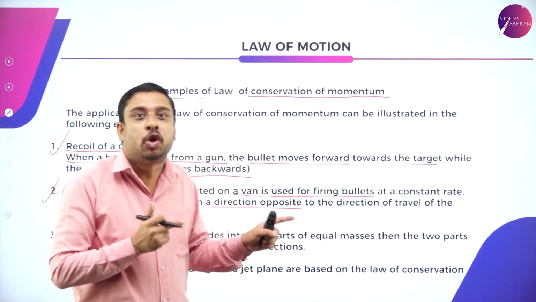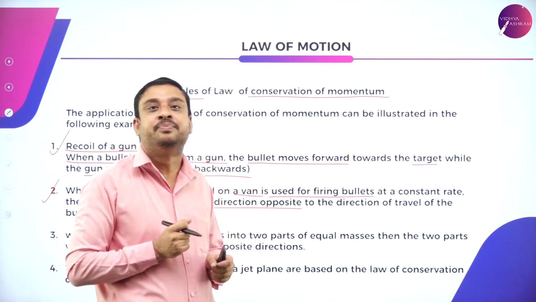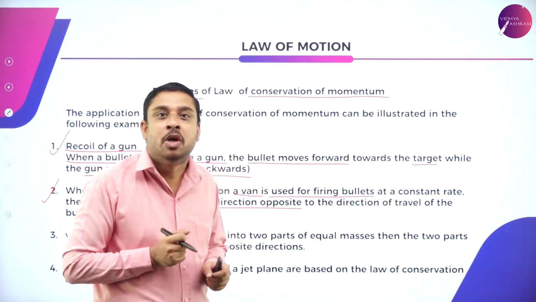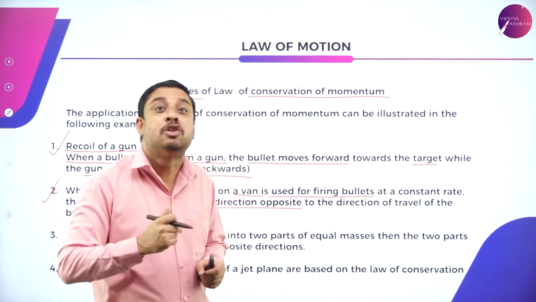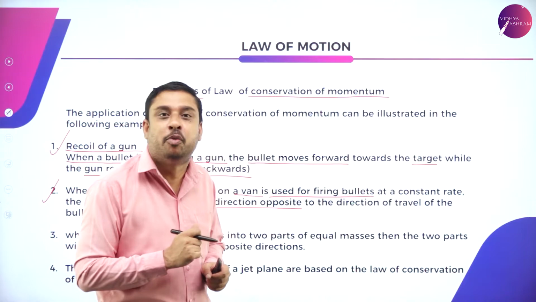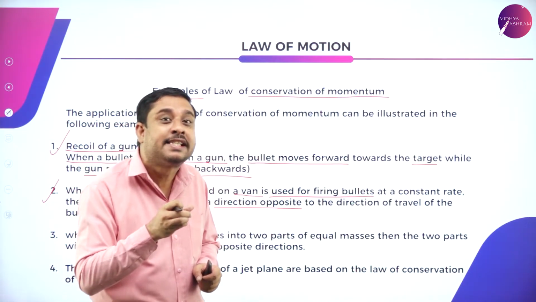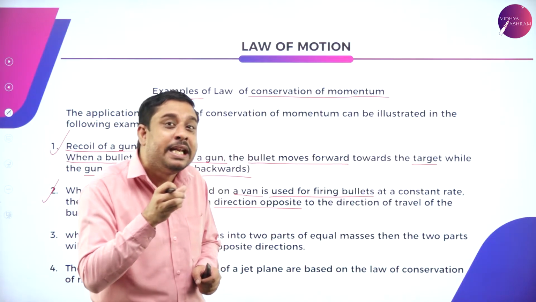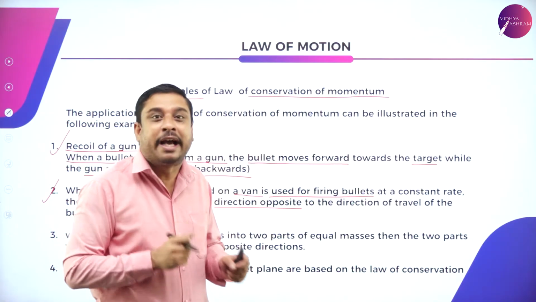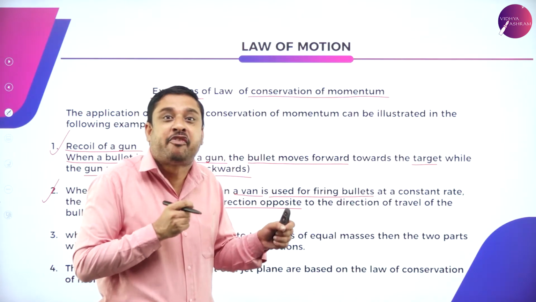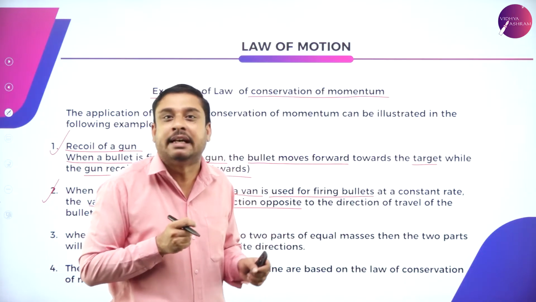Now, in order to conserve linear momentum, the van moves in a direction opposite to the direction of bullets, because there the impart of velocity is happening in the direction of the bullet. So again, a proper force is required to hold the gun.